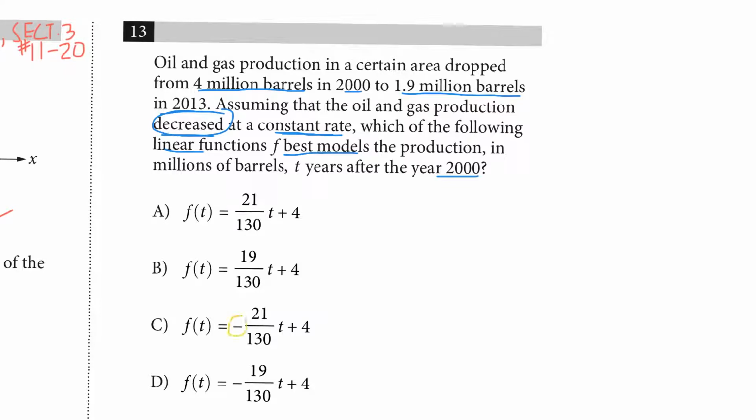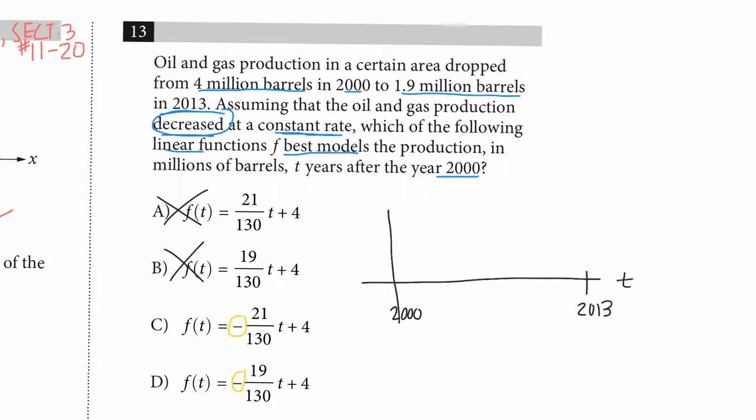So it could be this one here, it could be this one here, but I'm pretty sure it's not going to be this one, and it's not going to be this one. Those have positive slope. So what I'm going to do is show you what the graph might look like, and then we can find the slope. It starts at time 0, in the year 2000, goes out to the year 2013.